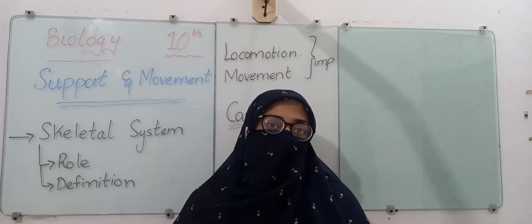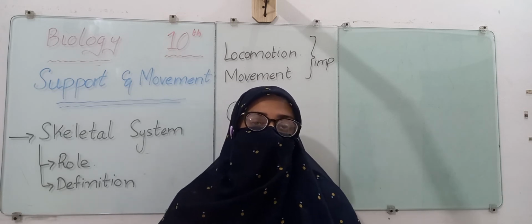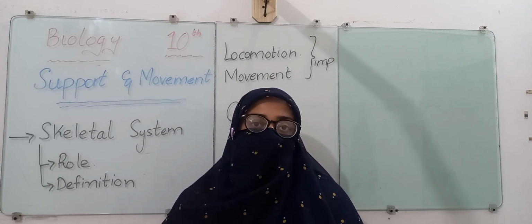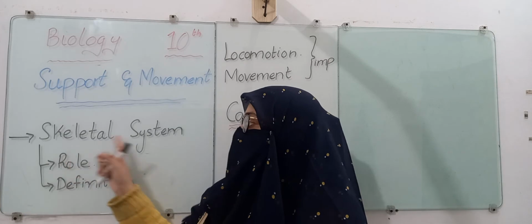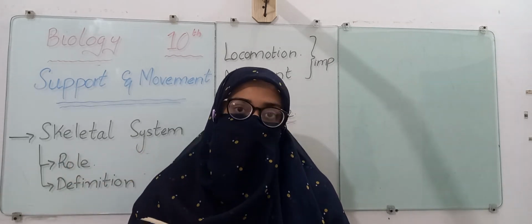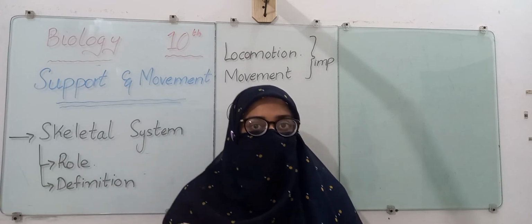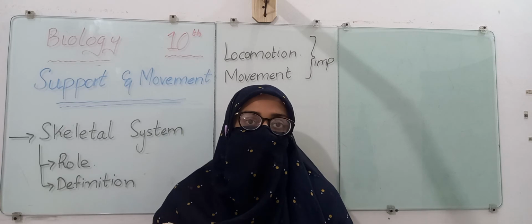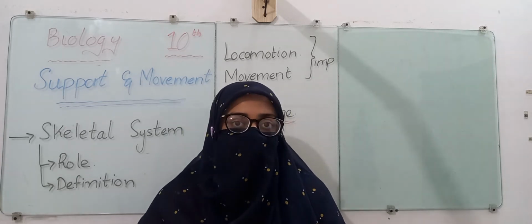So support and movement is basically involved with a very important system of our life, and that system is called the skeletal system, or you can also say the skeleton. The word skeleton is familiar and very much in use today, and I think you have heard this word before.